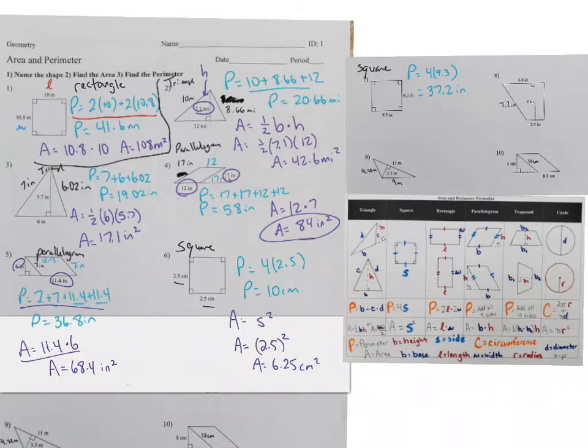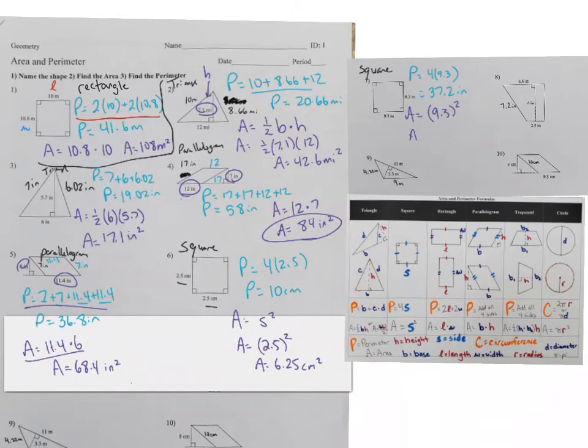The area is side squared, or 9.3 times 9.3, or 9.3 squared. We end up with 86.49. So my area is equal to 86.49, and it's square inches.